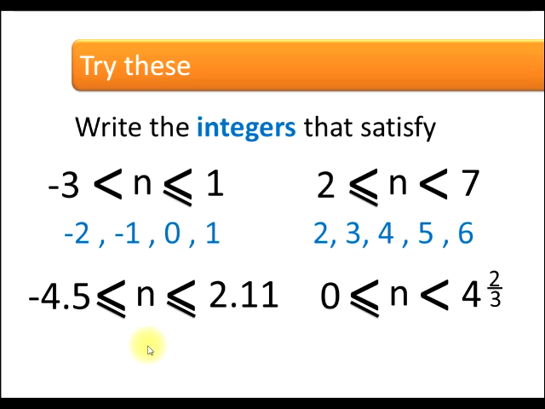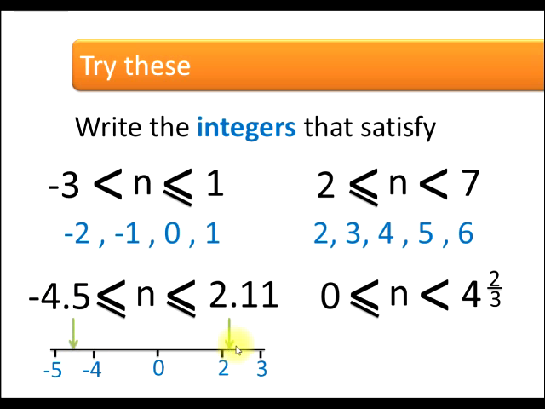Now, what I like to do, if I'm unsure of these, I draw a number line. Now, this isn't to scale, but it's good enough to show you what I mean. So if we take this first number here, minus 4.5, that is in there. And 2.11, well, that's very close to 2. And we're only after what we call integers, whole numbers. So this isn't a whole number, but this is.